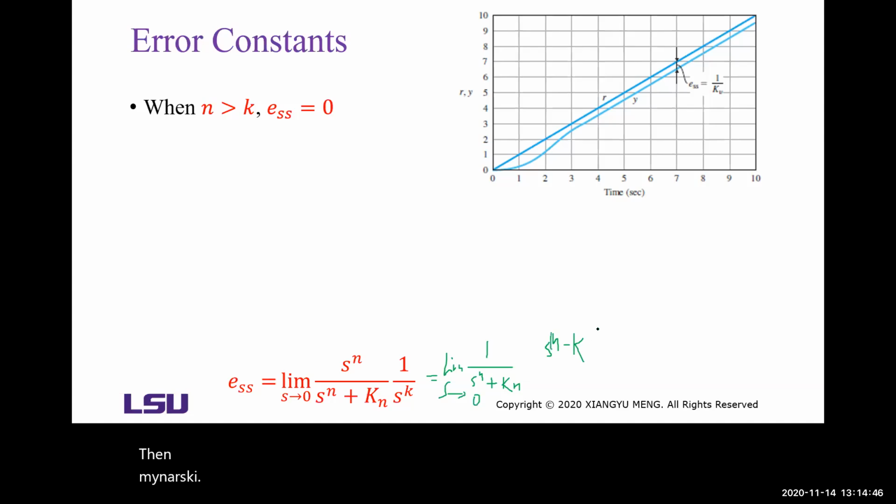If n is greater than k, then we know the steady state tracking error is 0. It means a system type n can track any polynomial input with degree less than n with 0 steady state tracking error.